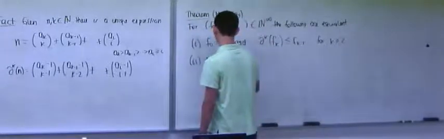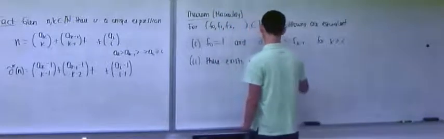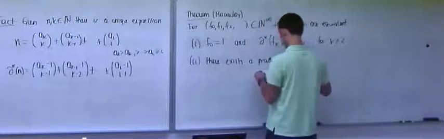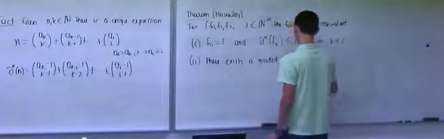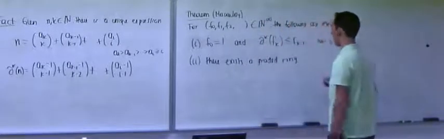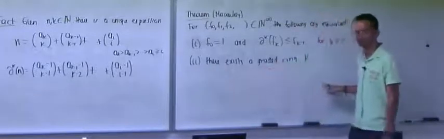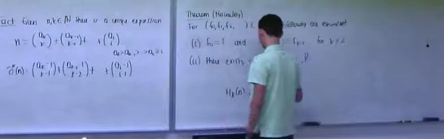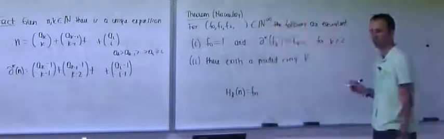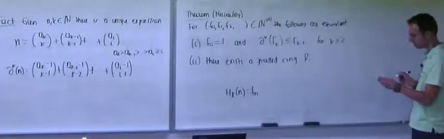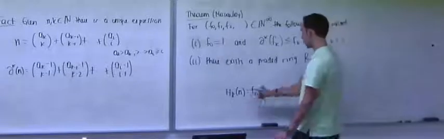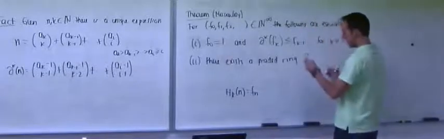For there to exist a graded ring R, and I'm going to insert some technicalities here, but the point is that this should be a series of R. So what are the technicalities?